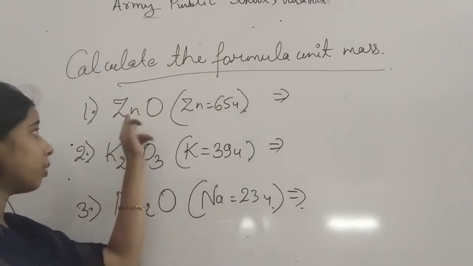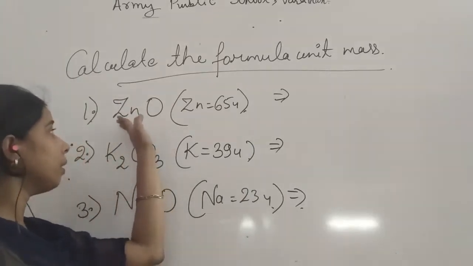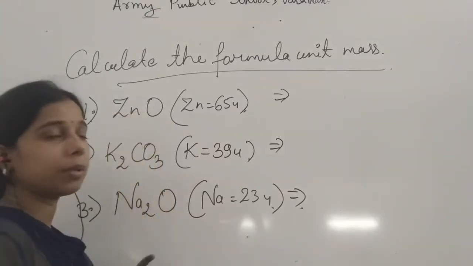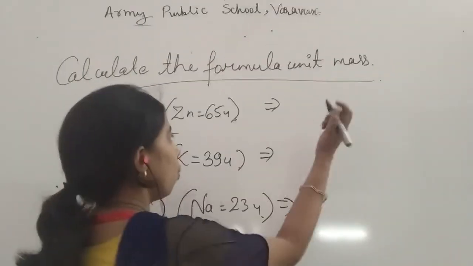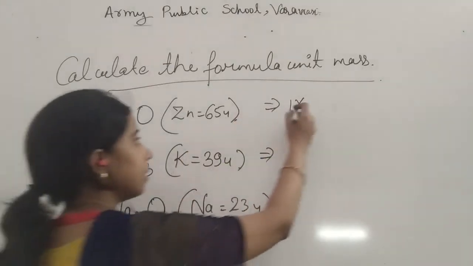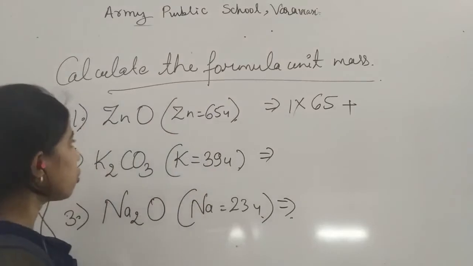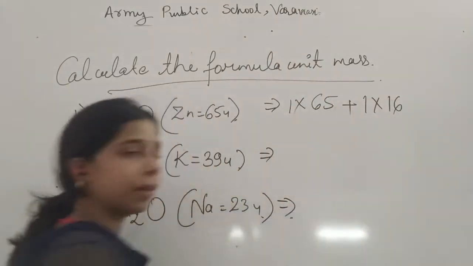So you see here, student, zinc oxide. How many atoms are attached with the zinc? You will say only one zinc atom is present. So we write here 1 into the atomic mass, 65, plus oxygen, that is 1 into 16.